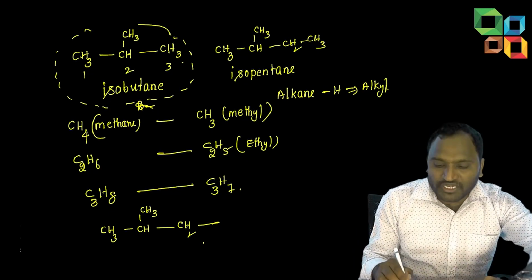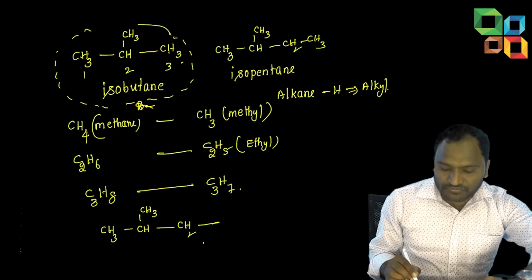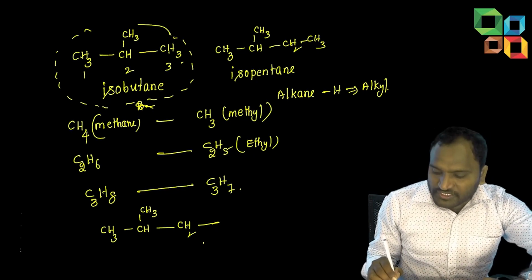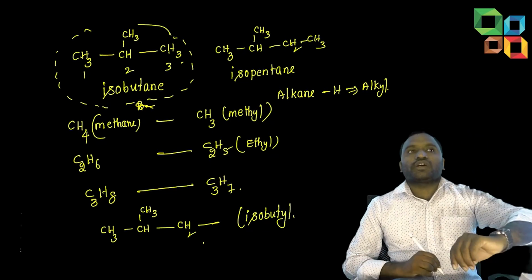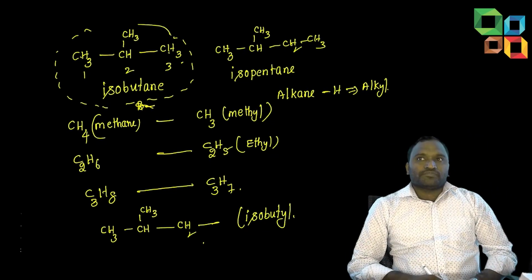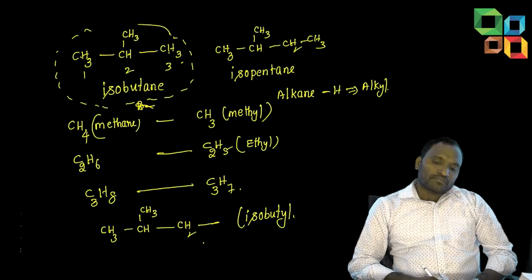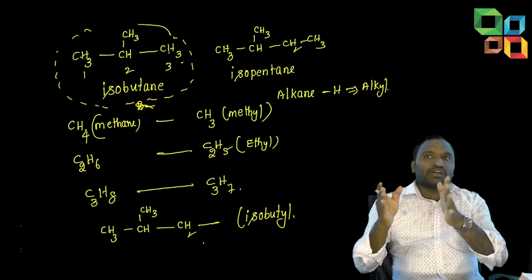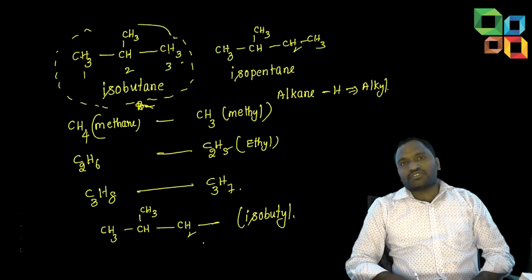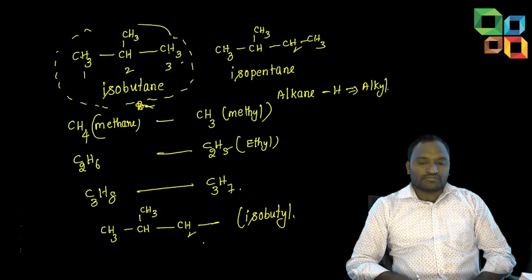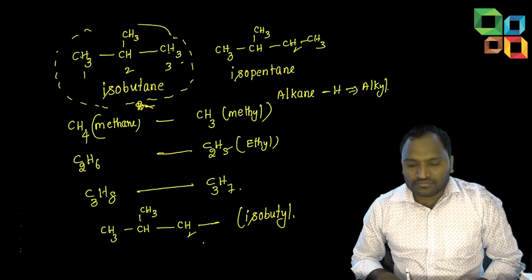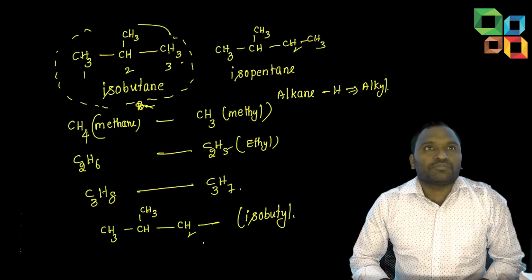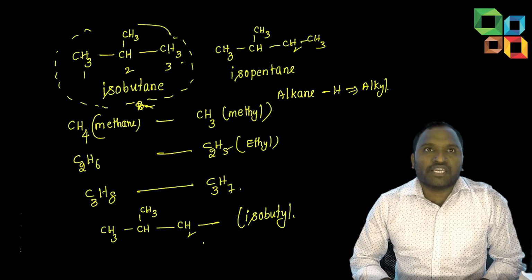From 3 hydrogens, I remove 1 hydrogen. So this group is called isobutyl. Alkane minus hydrogen gives alkyl. Students, understood where we use iso?